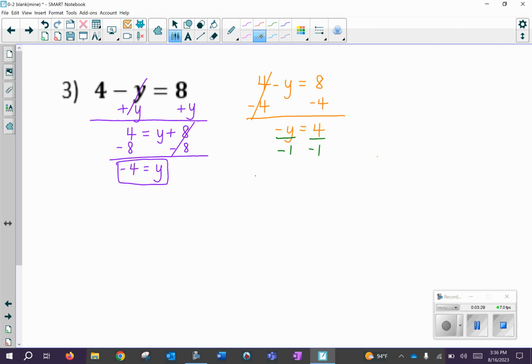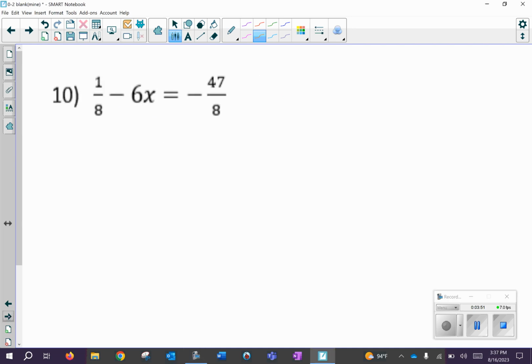And when you do that, negative over negative is positive, so now this becomes positive y equals 4 divided by negative 1. Positive over negative is negative, so there's the negative 4, and therefore you now have the same answer. All right, so make sure that you know both ways, but thinking smart, go with whatever's going to make the most sense to you. Okay.